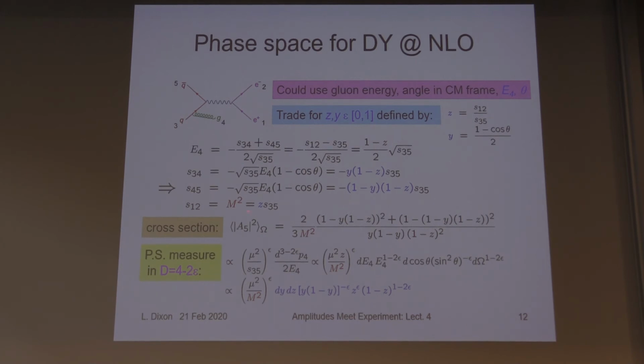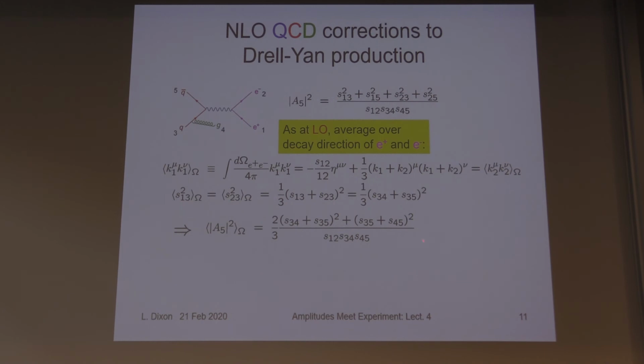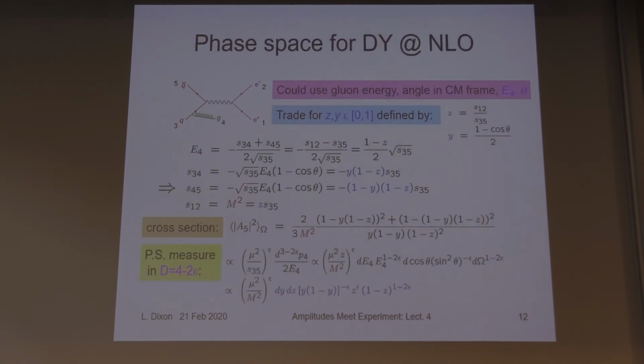So when you plug these formulas into this expression, you get, for example, S34 plus S35 gives you 1 minus y for the S35, and then a minus y, 1 minus z for the S45.